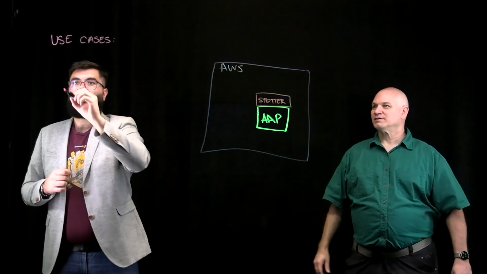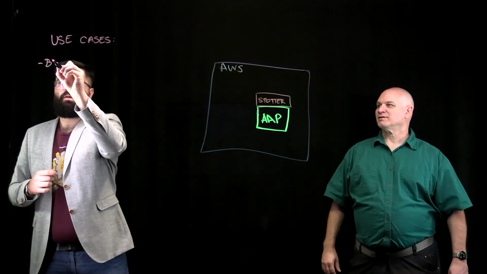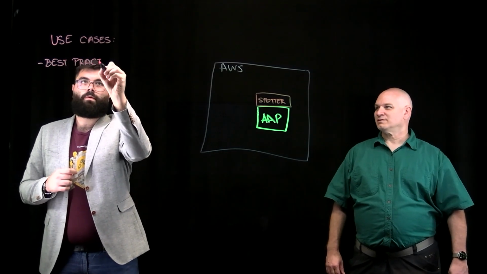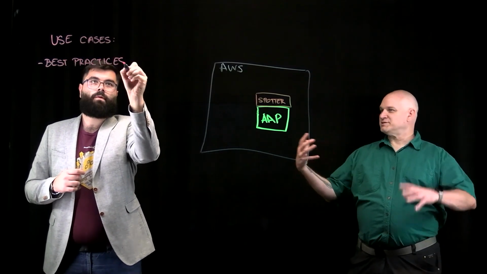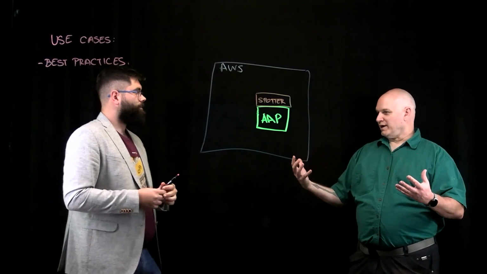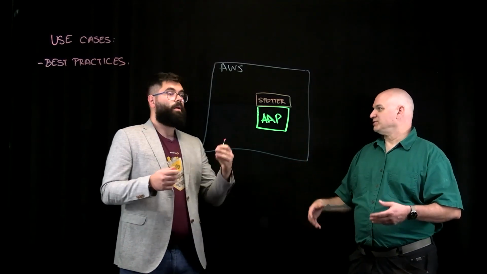So first off, we have best practice. This is in addition to all the things that we're getting from Ansible Automation Platform, like our curated collections and things like that. Exactly.